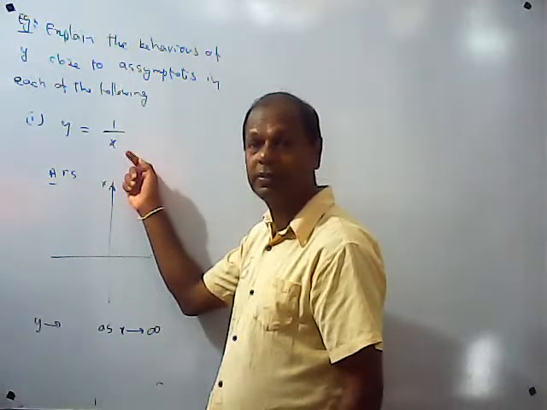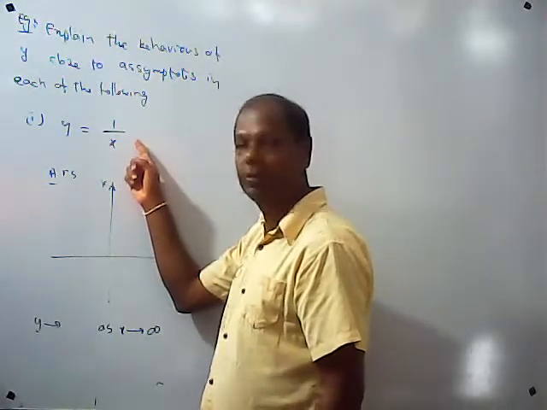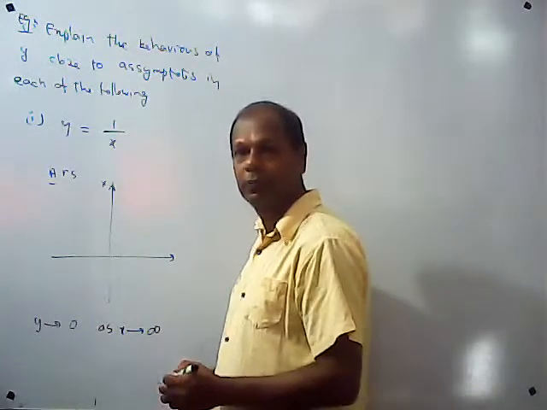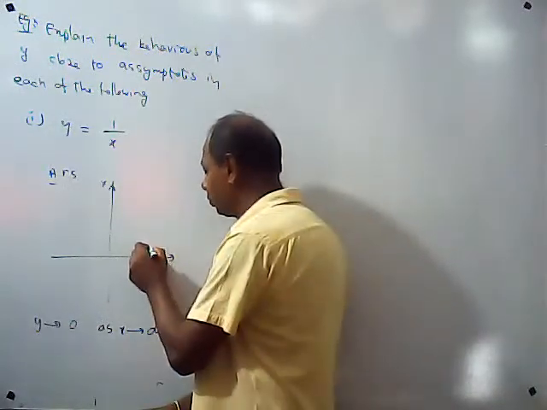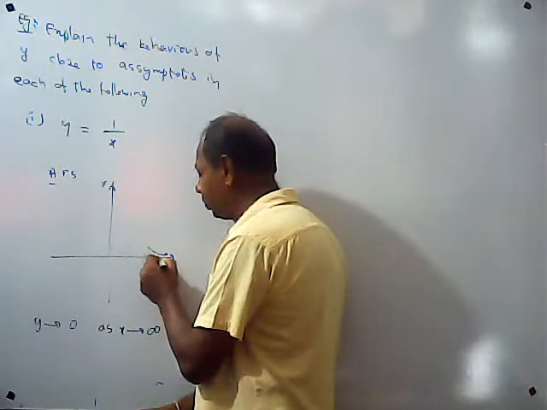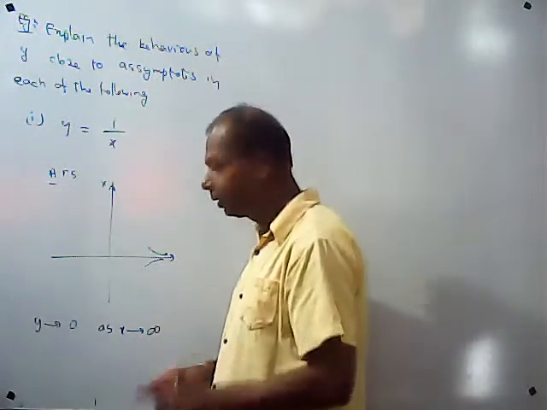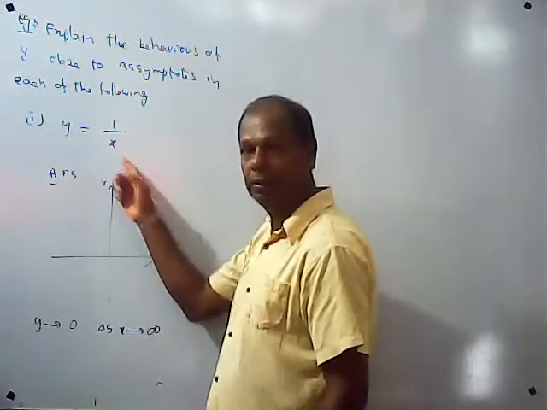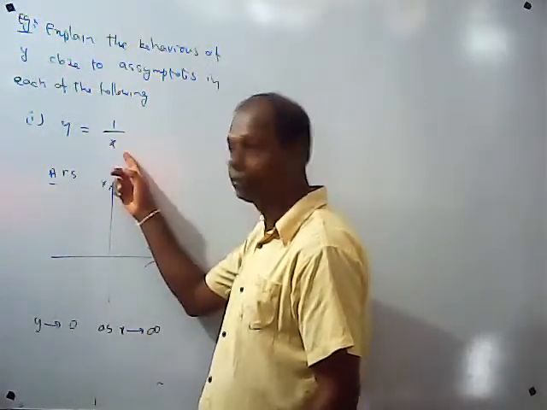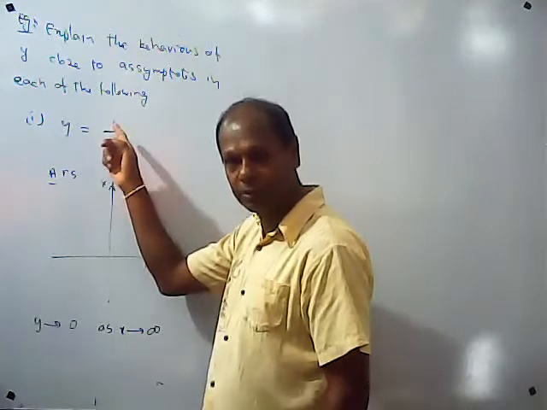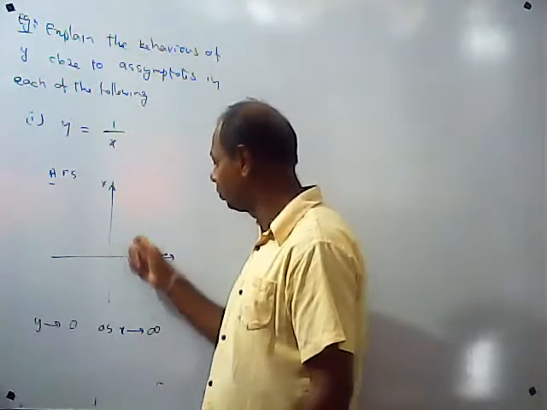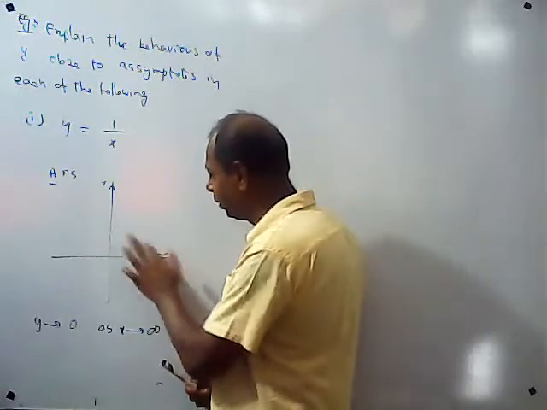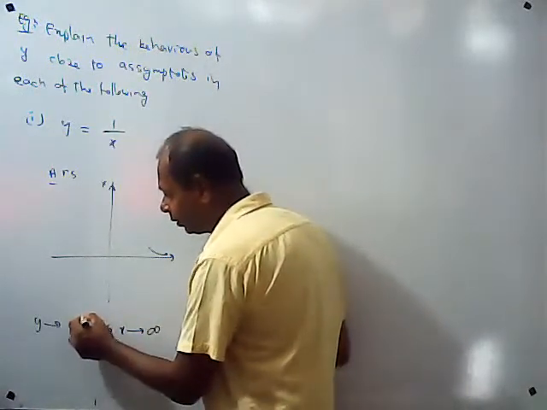In limits we have discussed these things. If x goes to positive infinity, y will go to 0. Y will go to 0, but y can go to 0 from two sides, either from above or below. But here we know that as x goes to positive infinity, x is positive. Then 1 over x has to be positive. So this should come to 0 via positive values, not from negative values. Then it has to be from positive side.